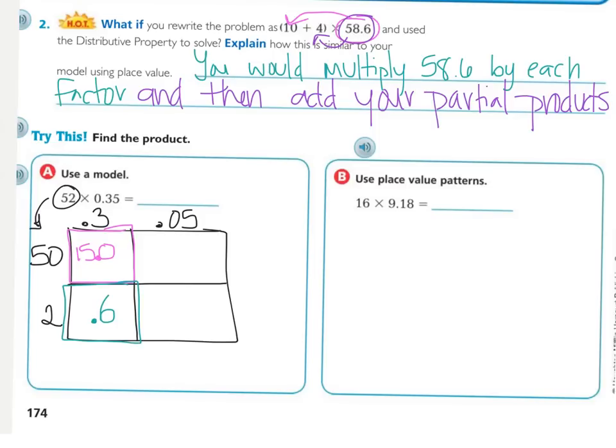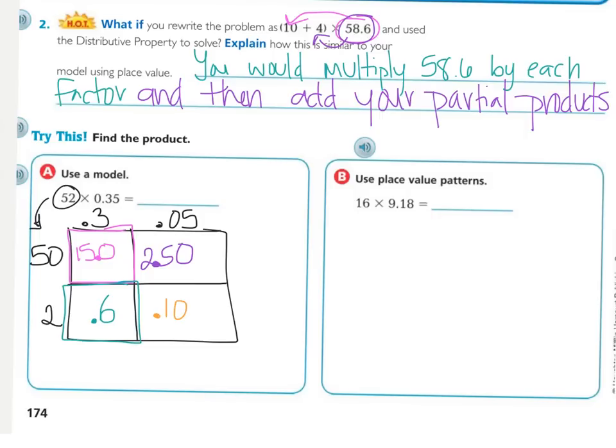Next is 5 hundredths times 50. Ignoring the decimal right now, 5 times 5 is 25 with 1 0, but I need 2 decimal places in my answer, so it's really 2 and 50 hundredths. And my last one, 5 hundredths times 2, ignoring the decimal, 5 times 2 is 10, but I need 2 decimal places in my answer.